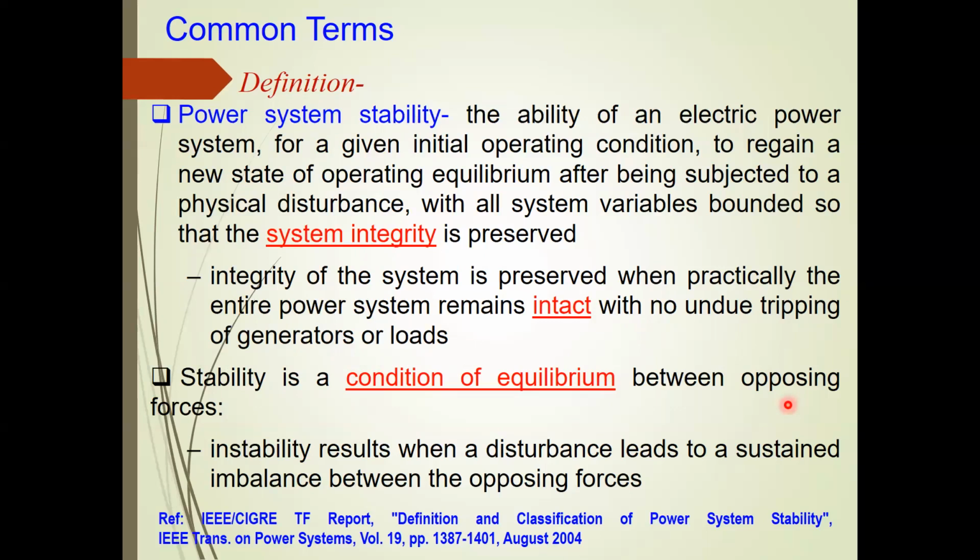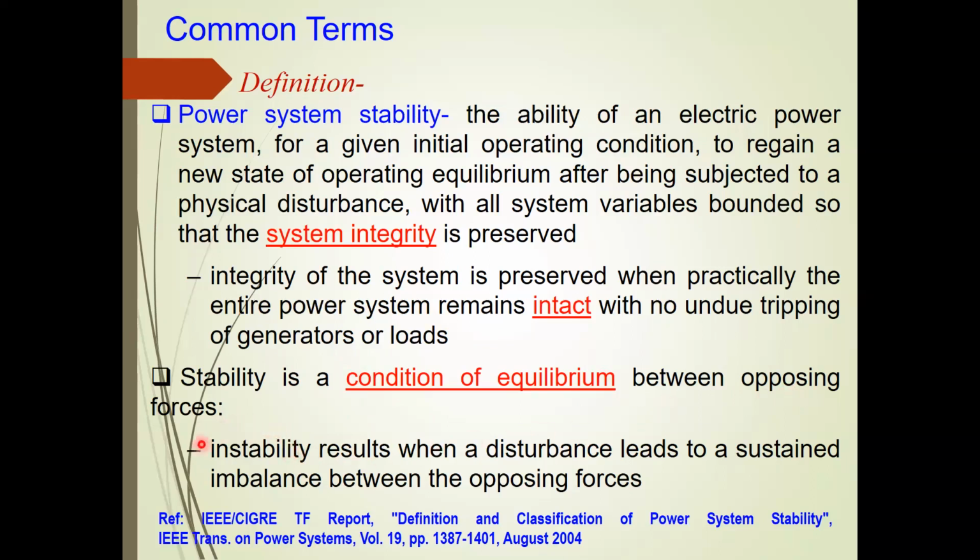And thus if you are able to maintain a balance between the output power from the generator and the load demand, then you are able to maintain a condition of equilibrium between these forces, electromagnetic torque from the turbine, from the generator side, and the electrical torque from the load side.